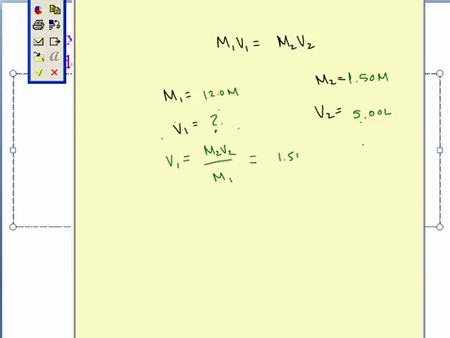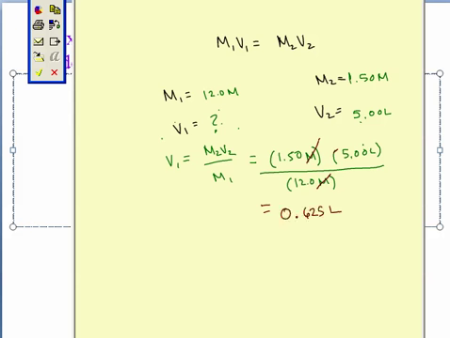So M2 is 1.5, and in this case I'm just going to leave molarity as capital M, times V2, which is 5 liters, and then I'm going to divide that by M1, which is 12.0 molar. I notice that my molar units cancel out. The units I'm left with are liters, and my calculator tells me 0.625 liters is what my V1 is.